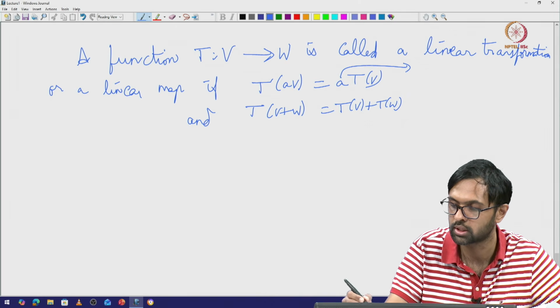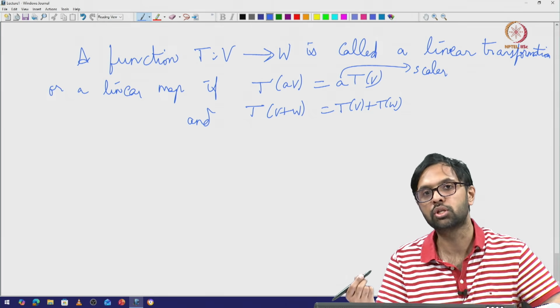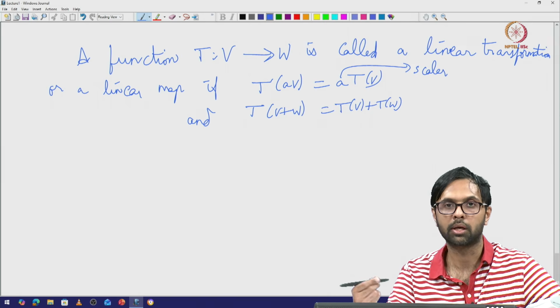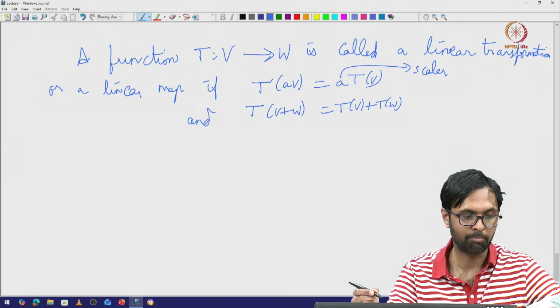This a is a scalar. For our purposes, as I mentioned, the scalars are usually real or complex numbers, so a is either a real or complex number usually for us. So this is a linear map.